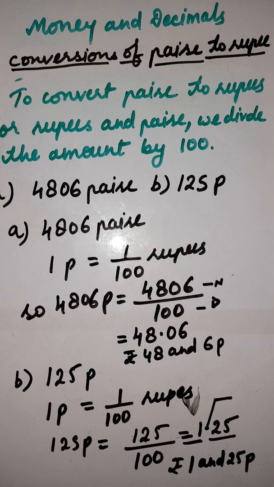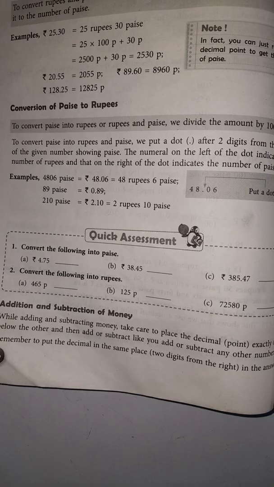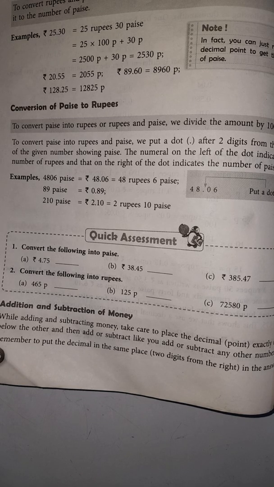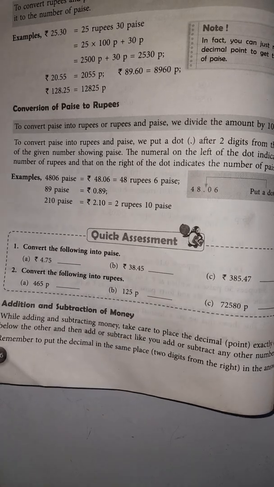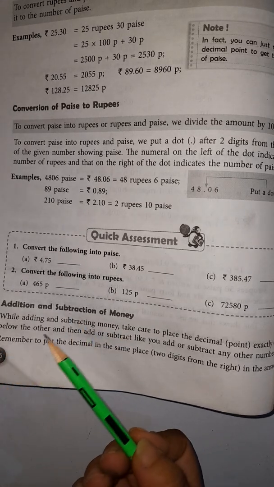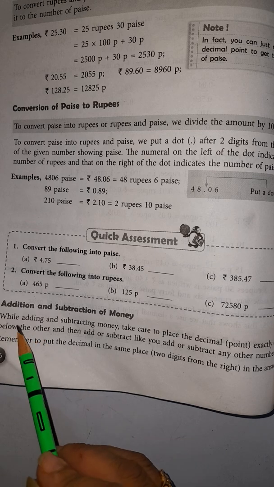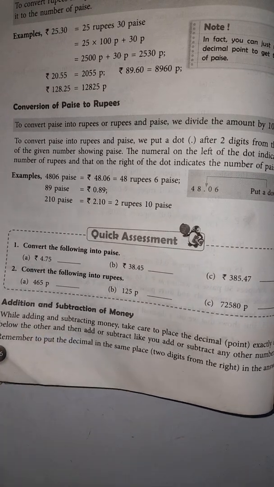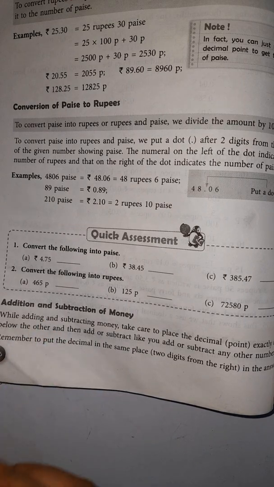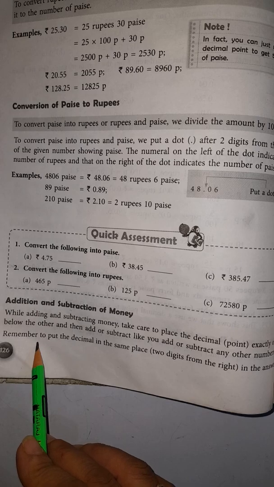Understood everyone? Students, our next topic is addition and subtraction of money. We all know how to add the digits, how to add the numbers, how to subtract the numbers. Since chapters 1, 2, 3, we are doing the same thing, addition and subtraction.